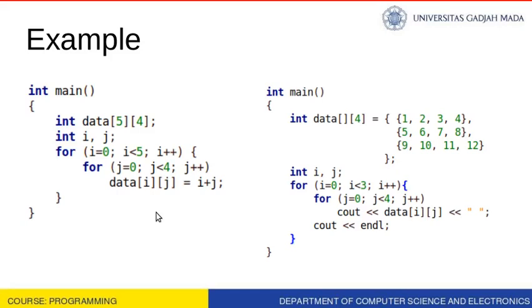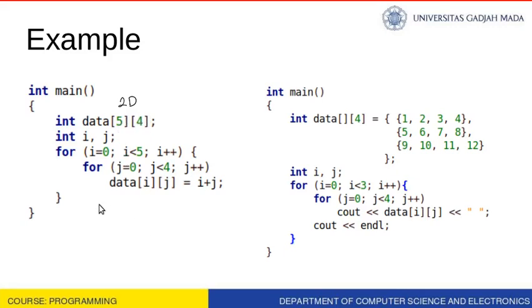So here is the example of multidimensional array, and here we have a two-dimension array. In the first multidimensional array here, we do not put any value or element inside of the array, but we just define that the two-dimensional array with the name of data has the size of the first dimension is 5 elements, and then the second dimension is 4.